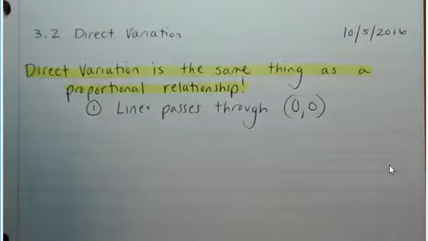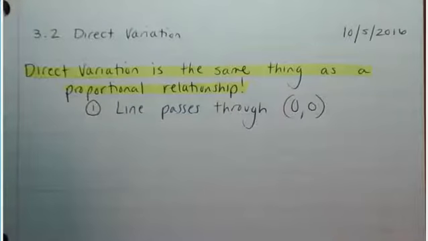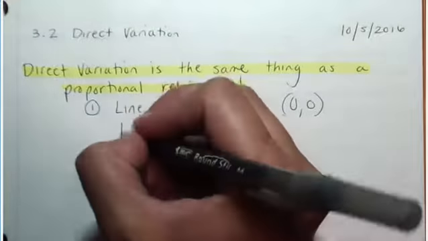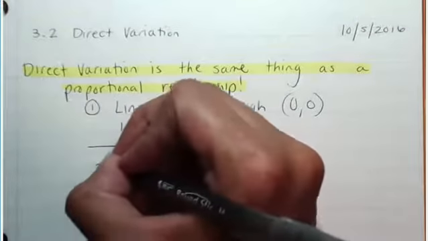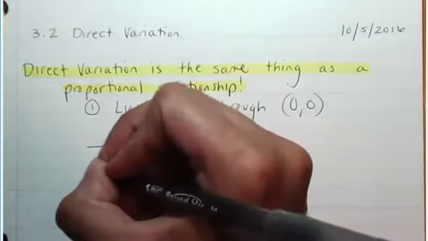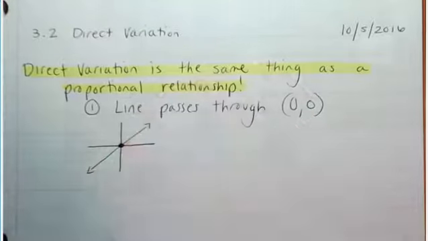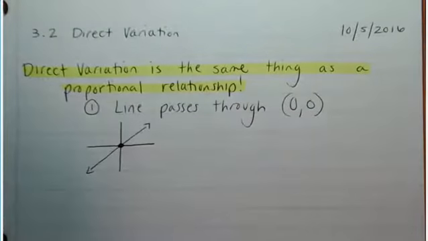Okay, the line passes through the origin. For instance, if I have a graph, okay, if it passes through the origin at 0, 0, it goes through the origin. That would be proportional, or a direct variation.